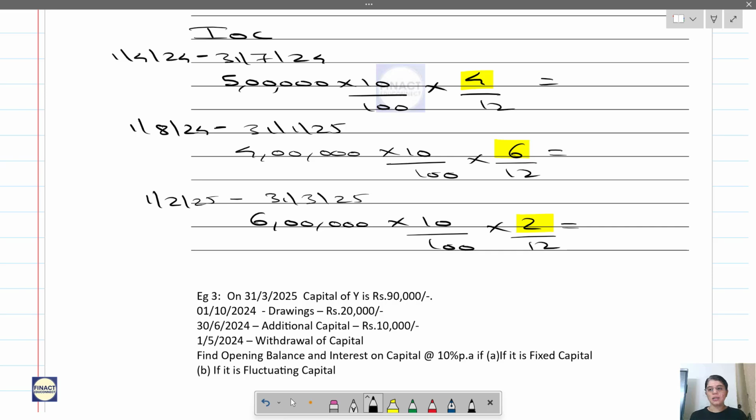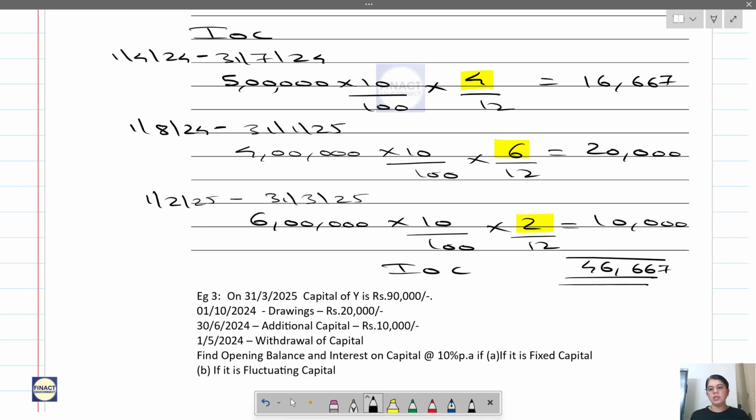Now calculate this and get the total. So we get 16,667 over here, here you get 20,000 and here you get 10,000. So the total comes to 46,667 as interest on capital.